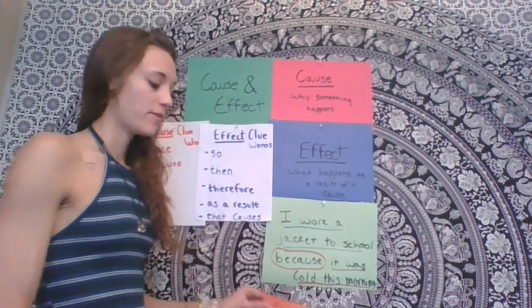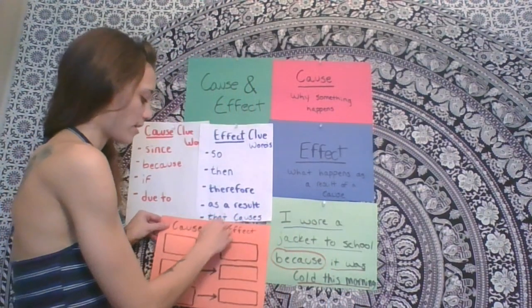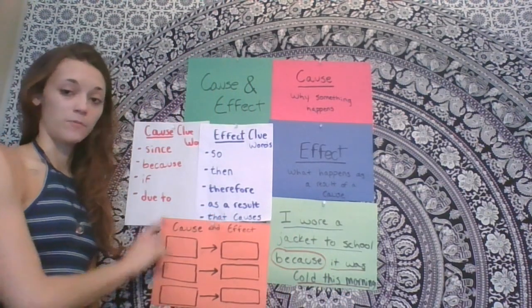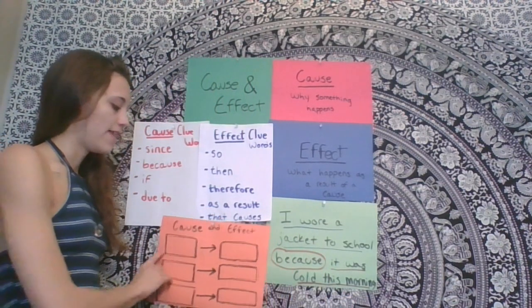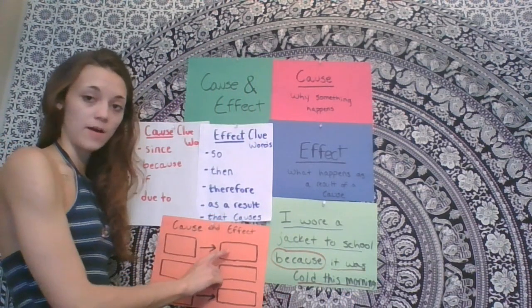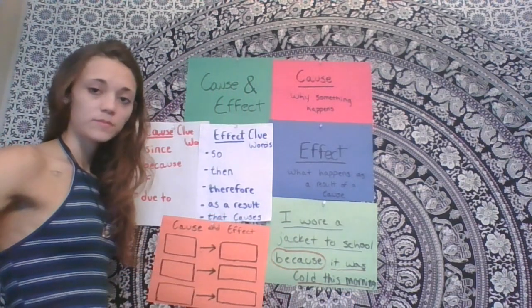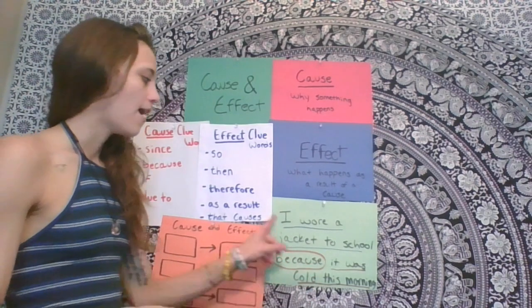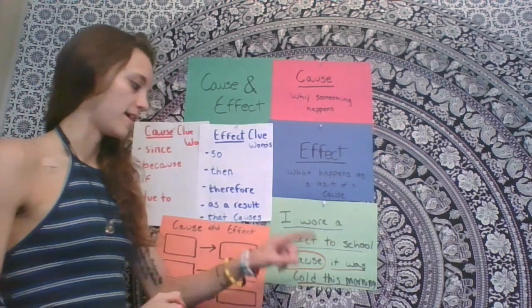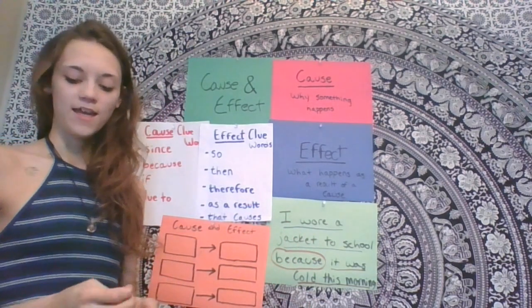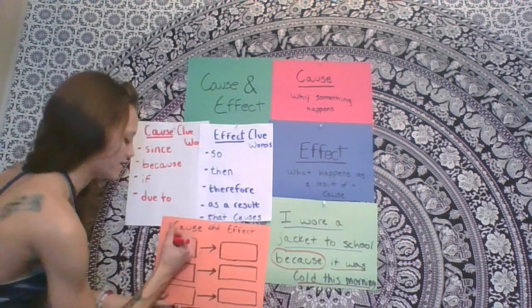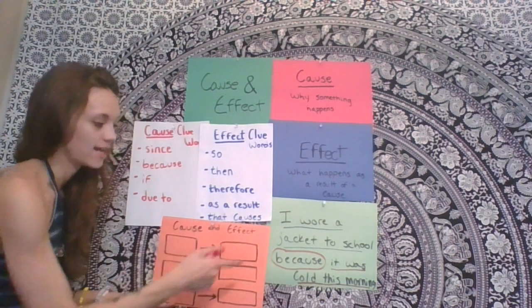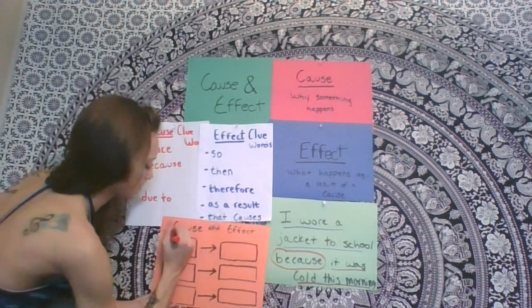We can use a graphic organizer to record our cause and effect thinking. We can record causes on one side of the organizer and the effect that comes after it. So, using the sentence I just told you, I wore a jacket to school because it was cold this morning, let's write the cause. Because it was cold this morning is why something happened.